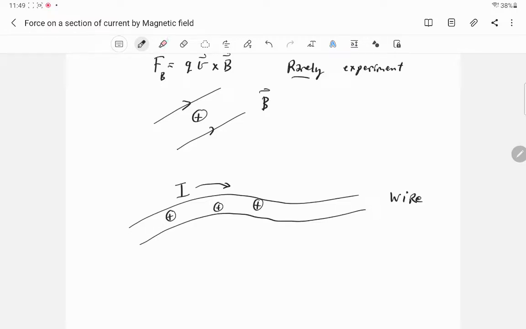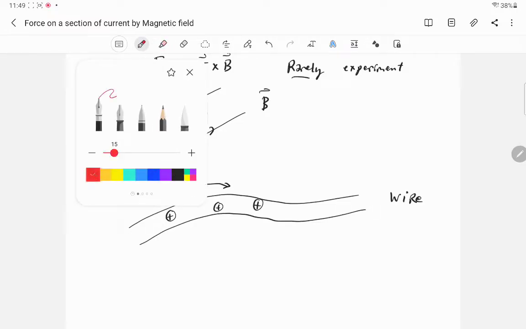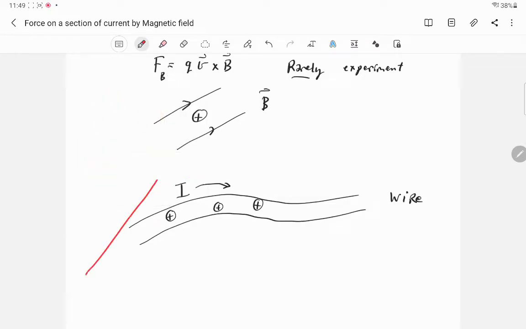And if we have in the background some magnetic field, then this magnetic field can push or pull on this wire, right?